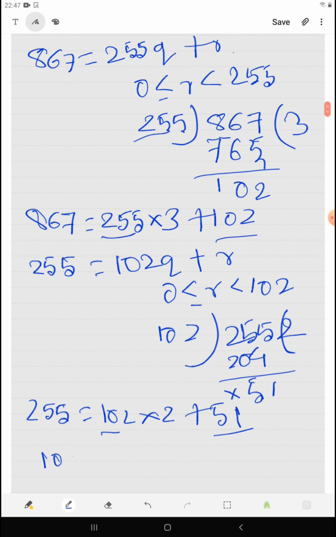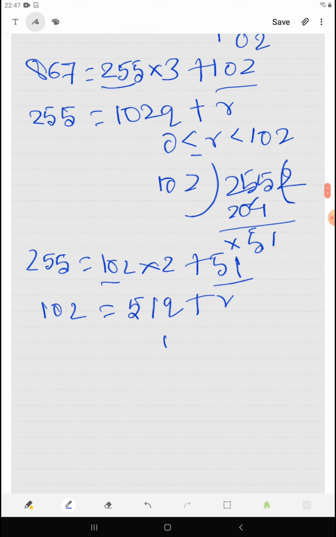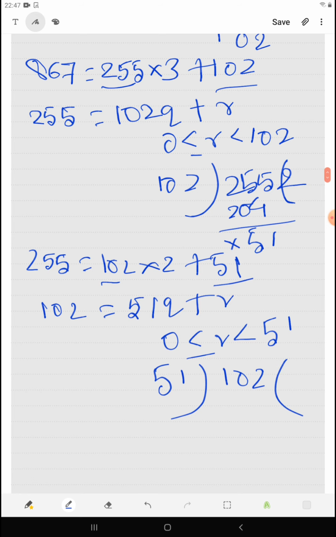So 102 equals 51q plus r, where 0 is less than or equal to r is less than 51. Okay. So let's divide now. So 102 divided by 51, you will see 51 2s are 102.